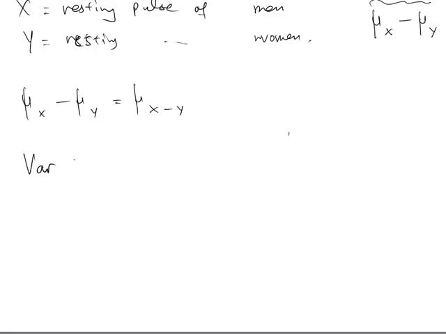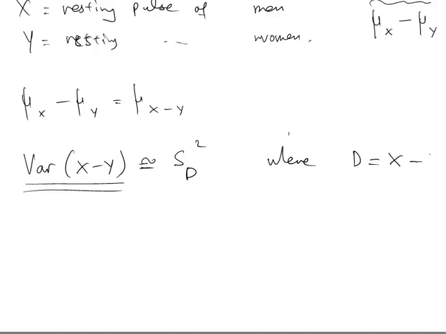Let's look at the variance of X minus Y. This is exactly what he estimated, approximated by S squared of D, where D, when we pair the samples, is the difference between the pulse of one man and one woman.